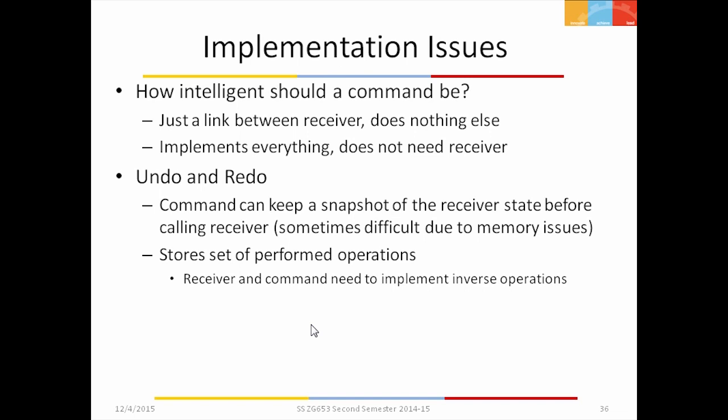Suppose that the request fails, then in that case it can redo it. However, this requires memory because these snapshots need to be stored in memory. It also stores a set of performed operations, so that one can apply inverse operations if there is an undo request. This undo typically is applied in the context of a GUI system.